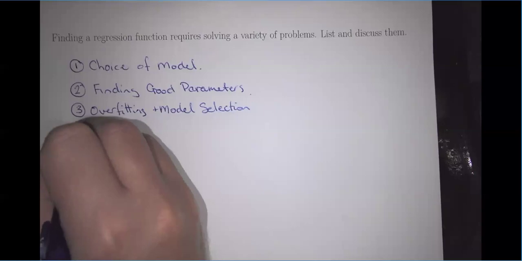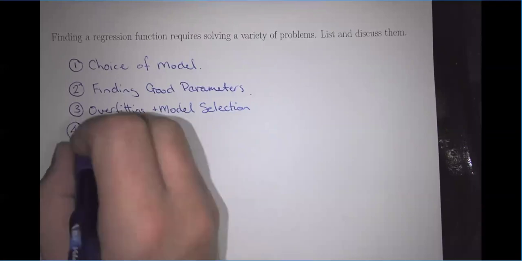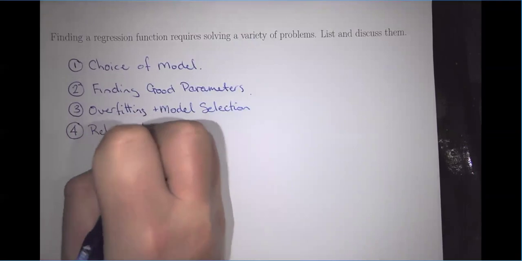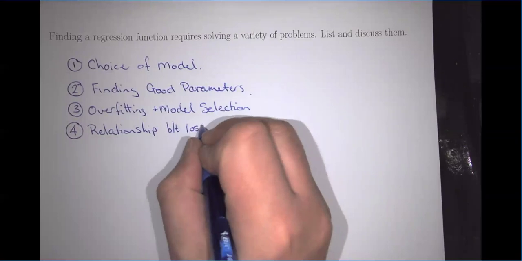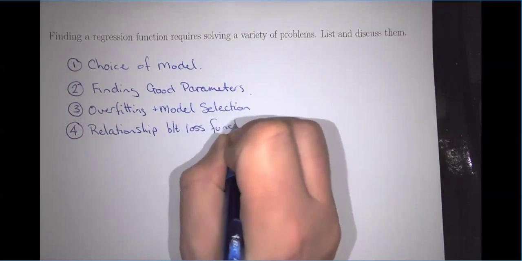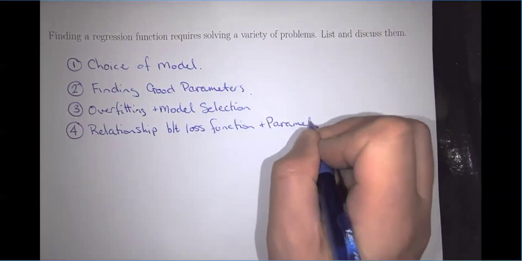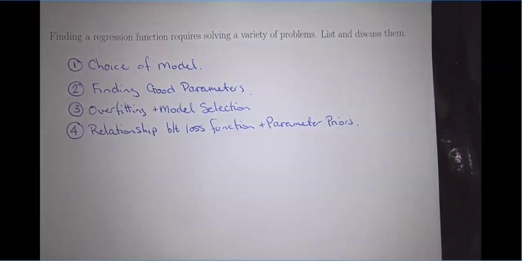Problem number 4. The relationship between the loss function and parameter priors. So this highlights the connection between the frequentist and Bayesian views of learning.